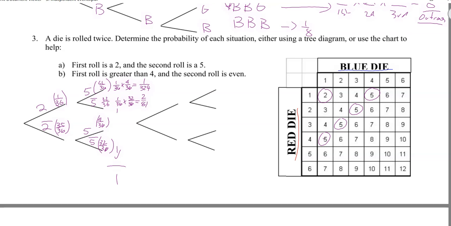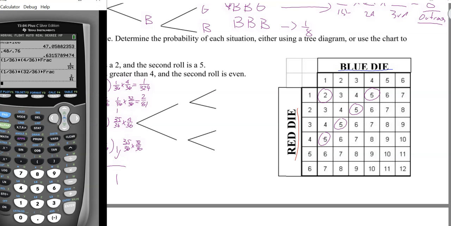What's next? 35 out of 36. So 35 out of 36 times 4 out of 36, and then 35 out of 36 times 32 out of 36. All right, so for 35 out of 36 times 4 out of 36, I'm going to go up here, grab this one, and edit the 1 to be a 35.